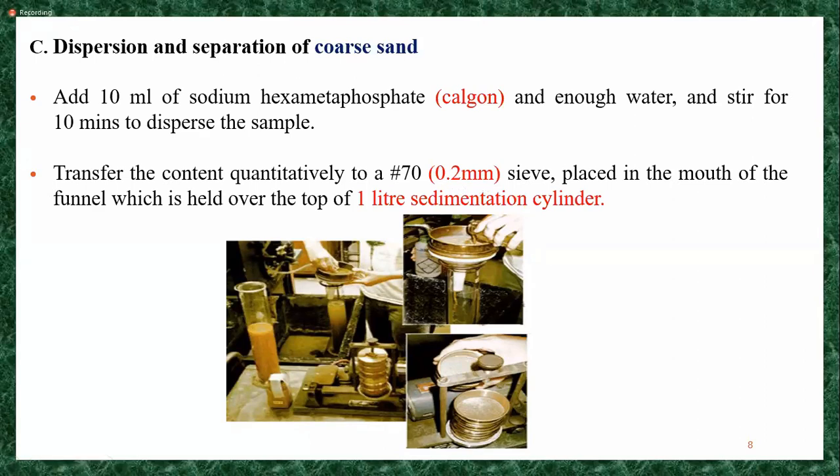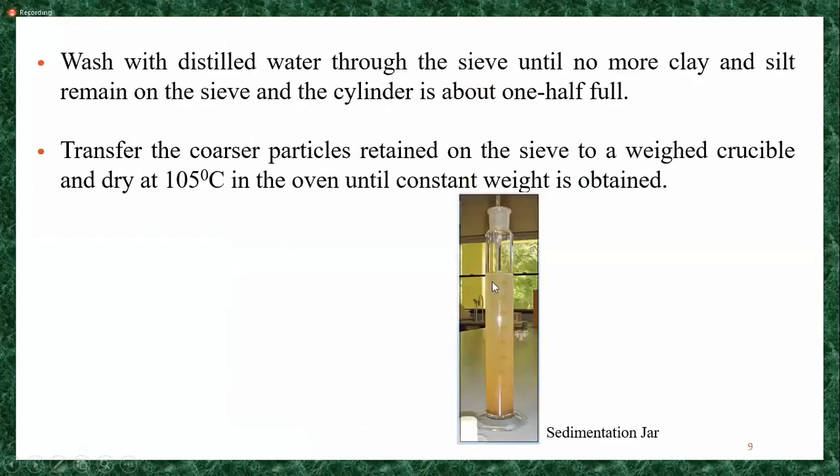We couldn't make a video this time, so that's why we are showing some pictures. I think it's difficult to understand the procedure with the pictures, but anyhow, please try to understand the procedure.